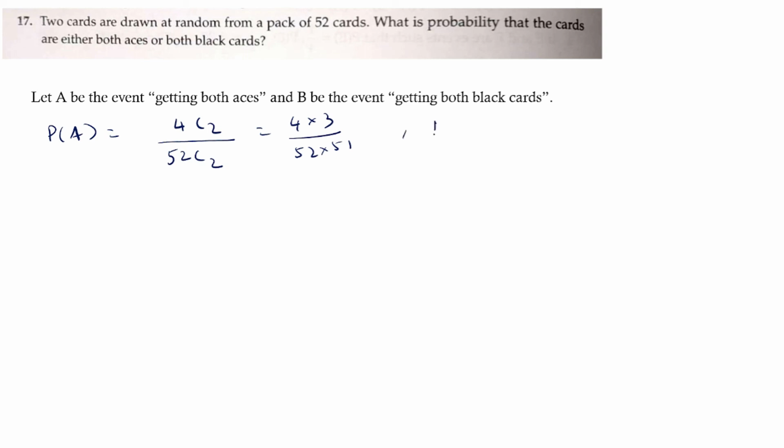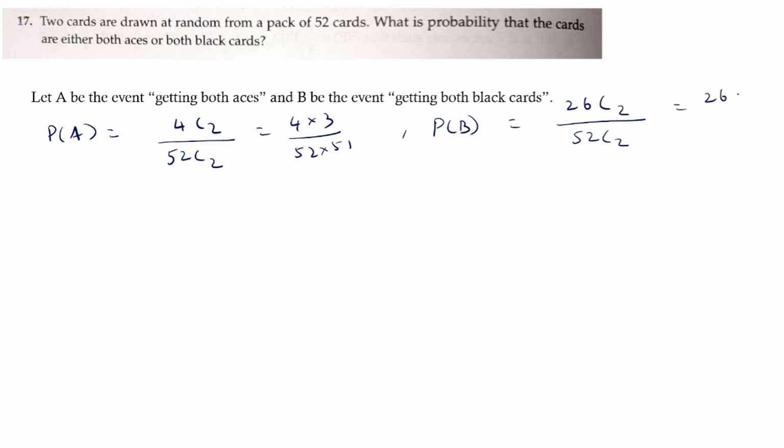Then P of B, probability of getting both black cards. We can select 2 cards from 52 cards in 52 C2 ways. So N of S is 52 C2. Then we can select the 2 black cards from 26 black cards in 26 C2 ways.